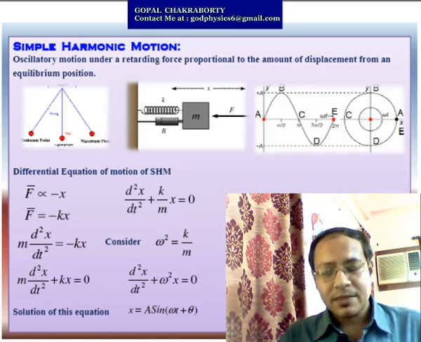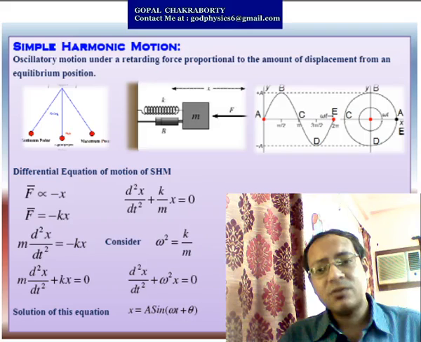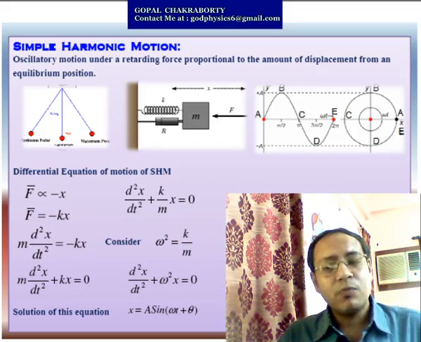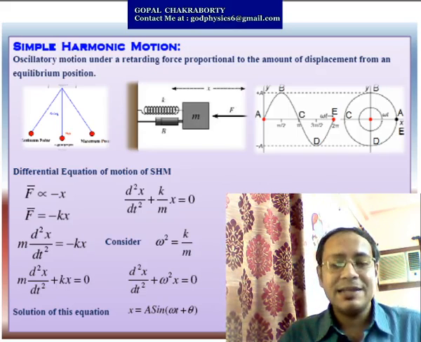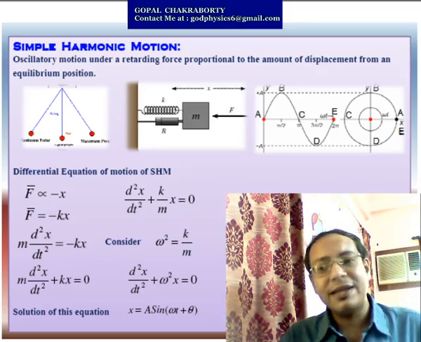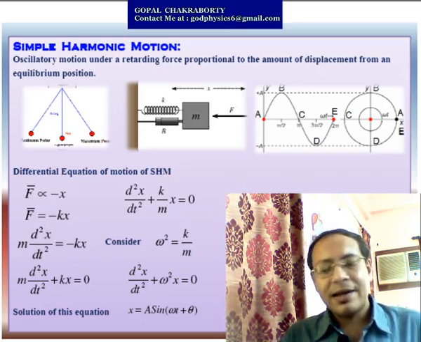And if you know that omega square, that is the angular frequency square, equals k by m, from there you can easily find out the natural frequency of oscillation, because omega equals 2 pi by T, where capital T is the time period of oscillation, or 2 pi nu, where nu is the natural frequency.